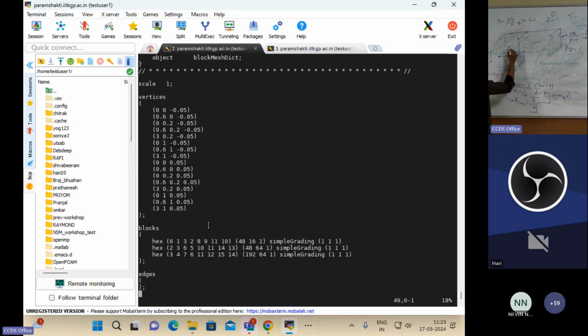Again, this is 48 cross 64 in y direction, right? And this is 192 cross 64. There are three blocks over here, and with that we are constructing the geometry.